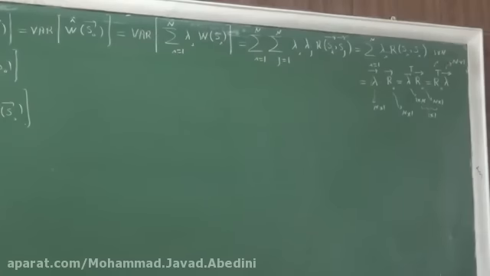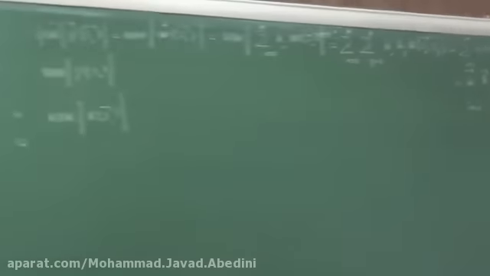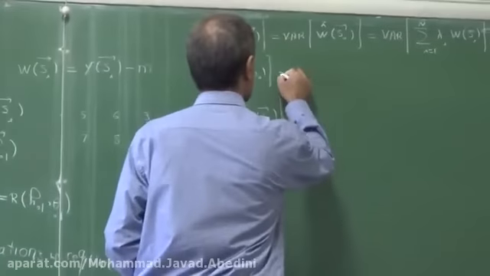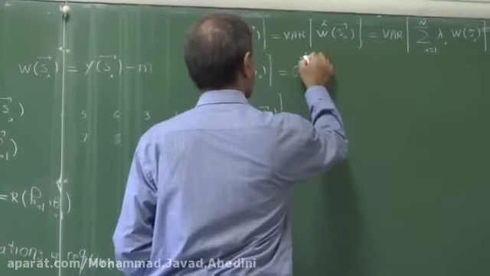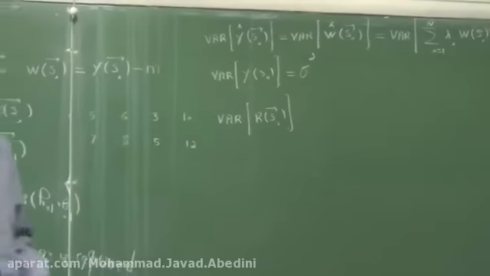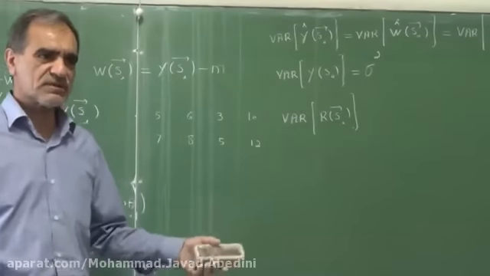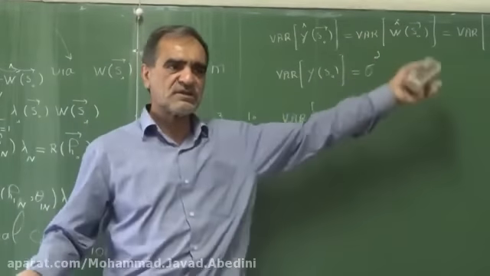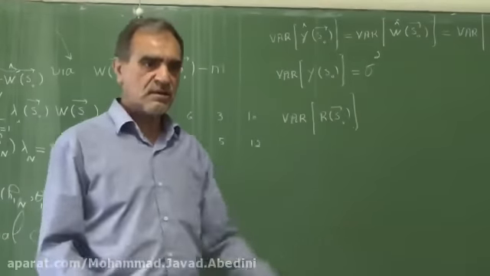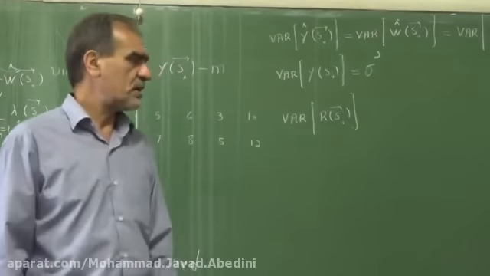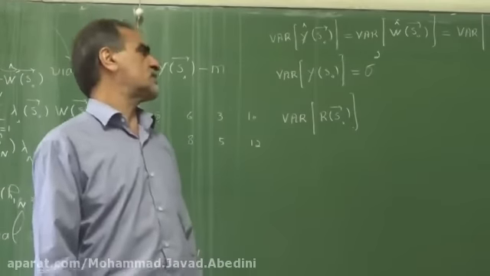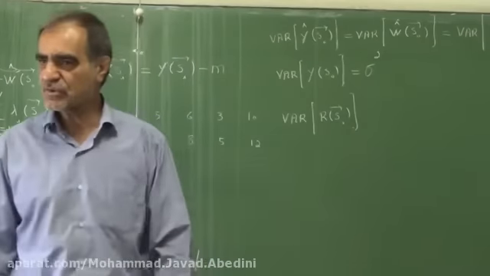What would be the variance of true value y at S0? Simply sigma to the power of 2, because it has nothing to do with spatial location. Variance of y at any location is independent of spatial location, be it S0 or S or Si, whatever. According to our original problem statement, variance of true value is basically sigma 2.